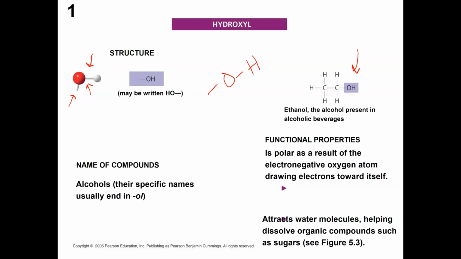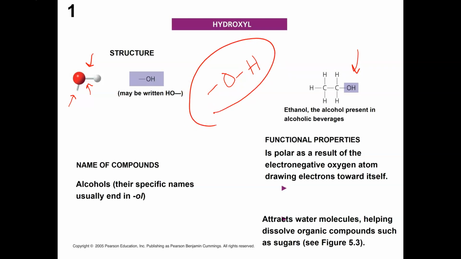So when I'm asking you to draw this out in the future, please draw it out in that manner so that I can understand that you really do understand where the covalent bonds are. If you draw the chemical shorthand, I'm not sure that you really understand that, okay? So make sure that you can write out that hydroxyl group like that.